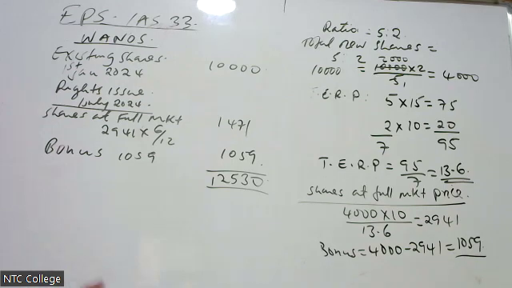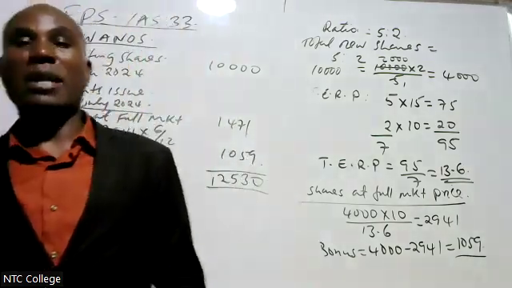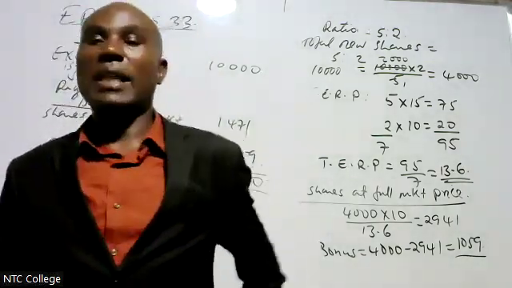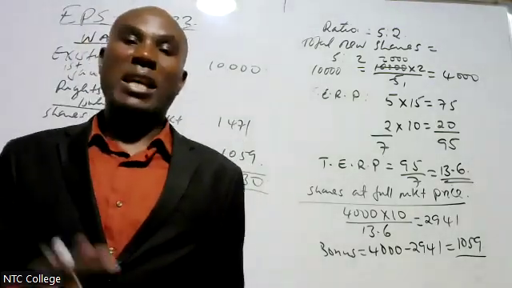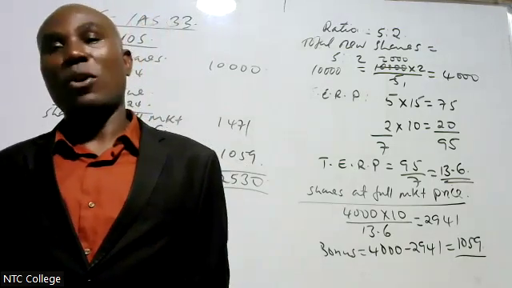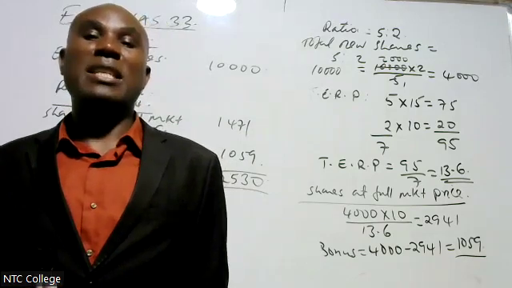That one we said you weight from when you converted up to the balance sheet date. Then number 4, shares issued as a result of stock options. Stock options are privileges given to employees and management to get shares in future at a price below the market price. We said we divide it into shares at full market price and the bonus element. Shares at the full market price, you weight on a time basis.